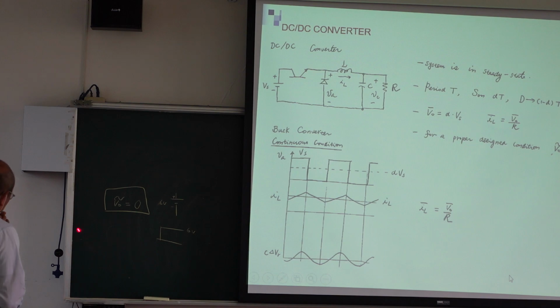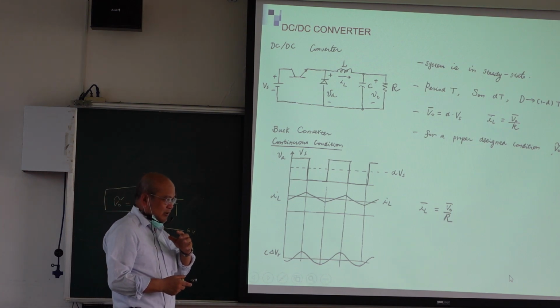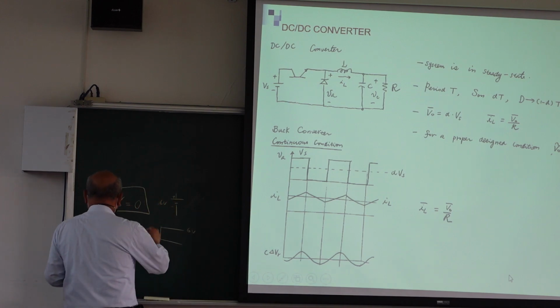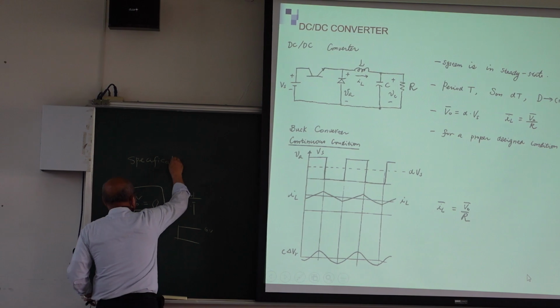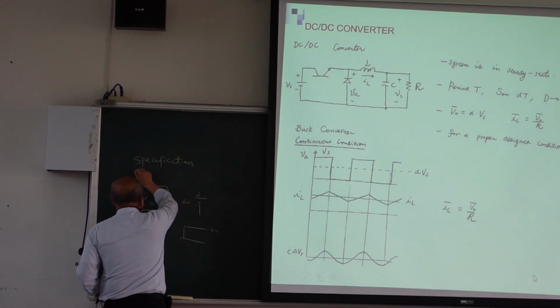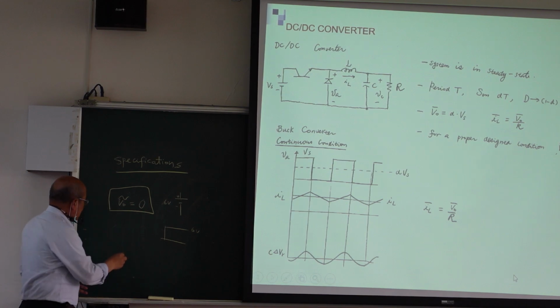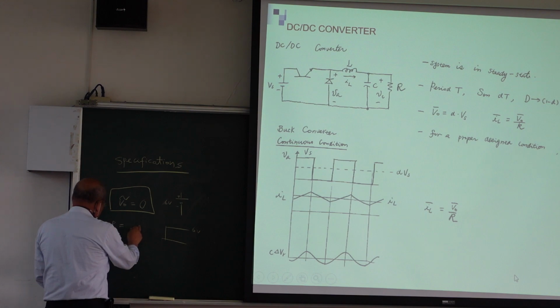So if you do the research for a DC to DC converter, what is important? You have to claim your specification. What is your specification? What is my switching frequency?